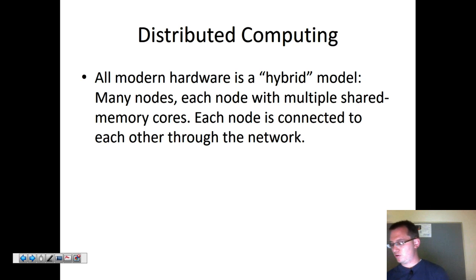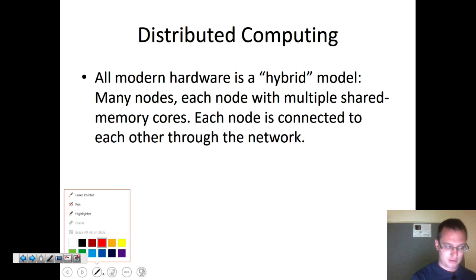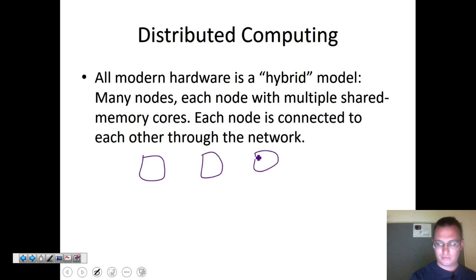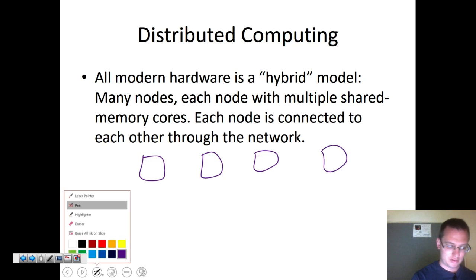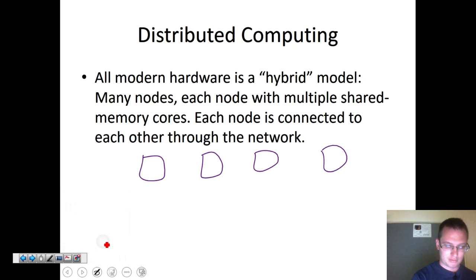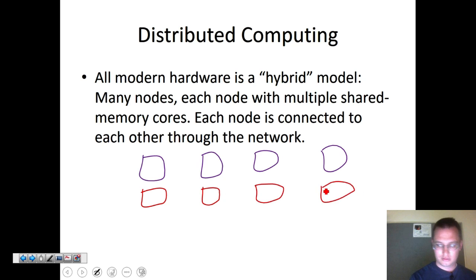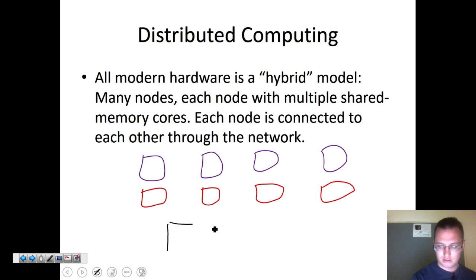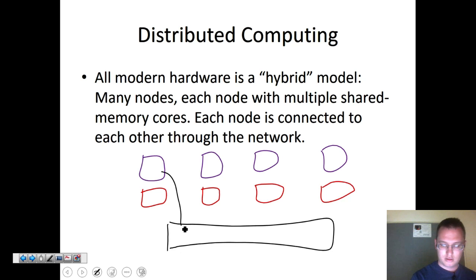So a purely distributed setup would be 4 processors, 4 chunks of memory, and the network connecting them all.